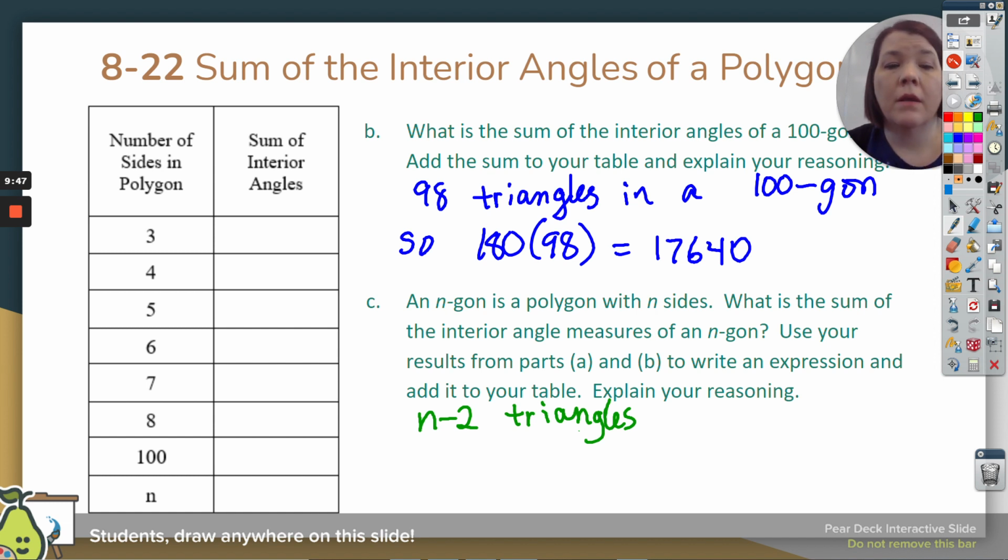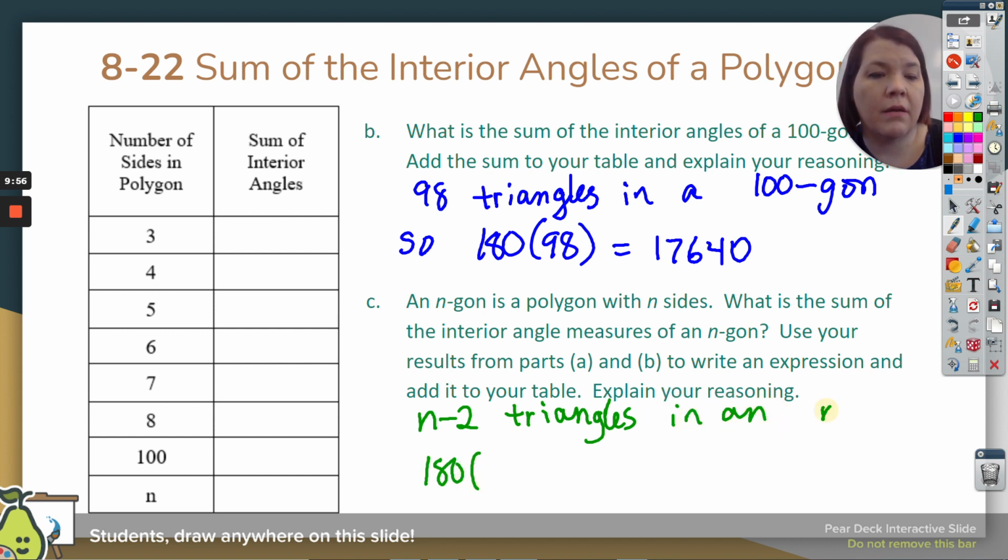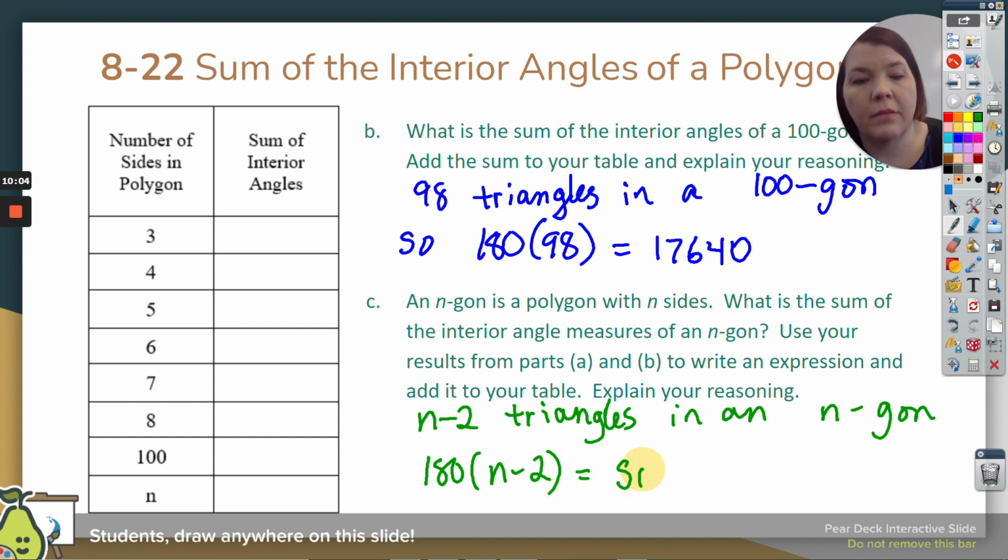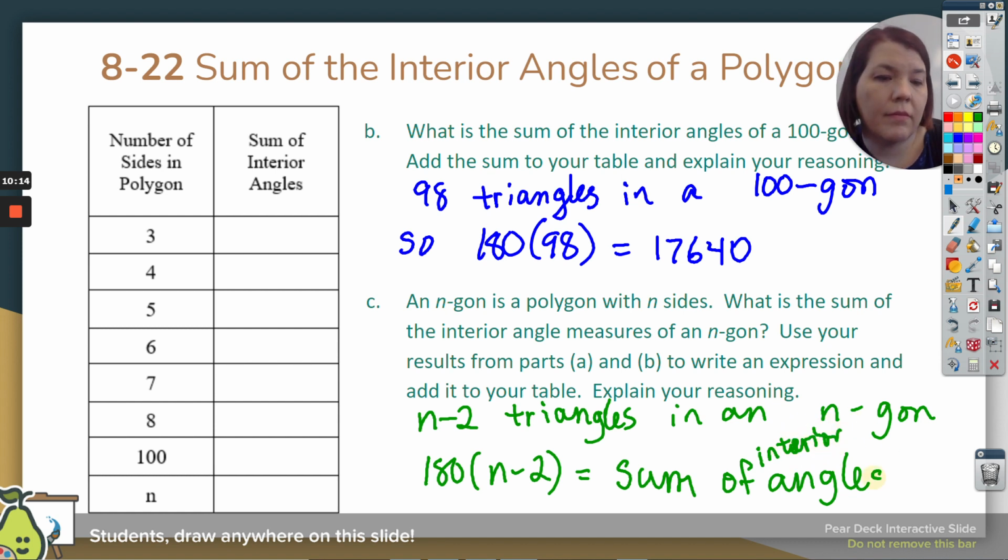So in an n-gon, 180 times n, take away 2, is the sum of the interior angles. There we go. Let's move on.